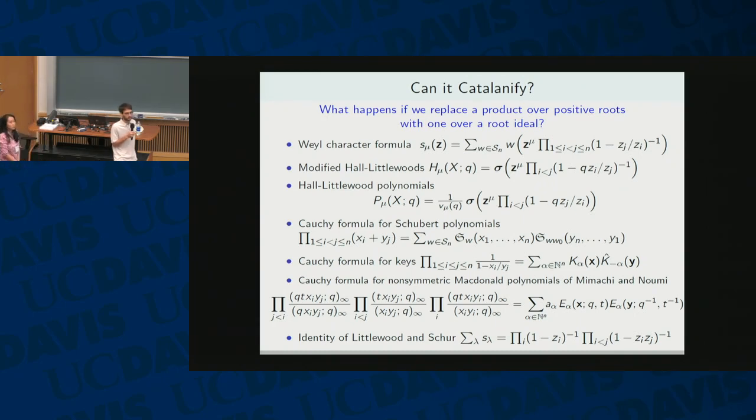So all the examples you covered are about symmetric functions, but a couple of the examples on this slide are for polynomials. Do you have any partial progress or families of Catalanified polynomials, like non-symmetric ones? Yeah, that's a good question. So the question was, are there any Catalanified versions of polynomials that are not symmetric functions? And the answer is yes. In this paper on the connection with the Schur positivity of the Catalan functions, we went to a more general class of what we called non-symmetric Catalan functions.